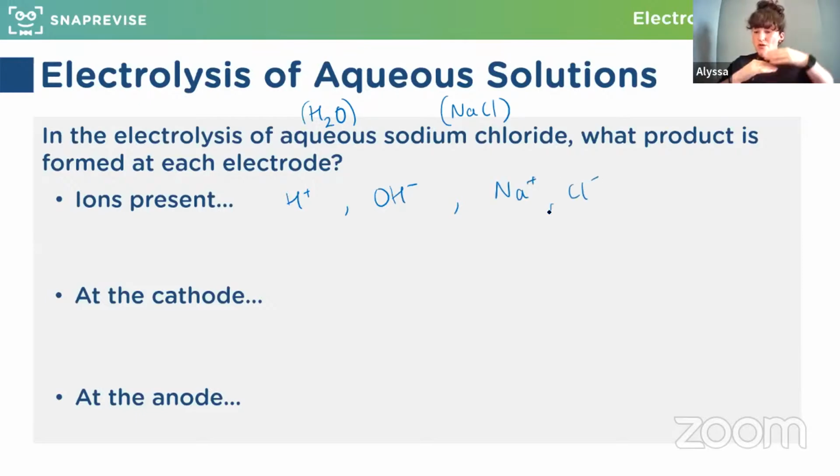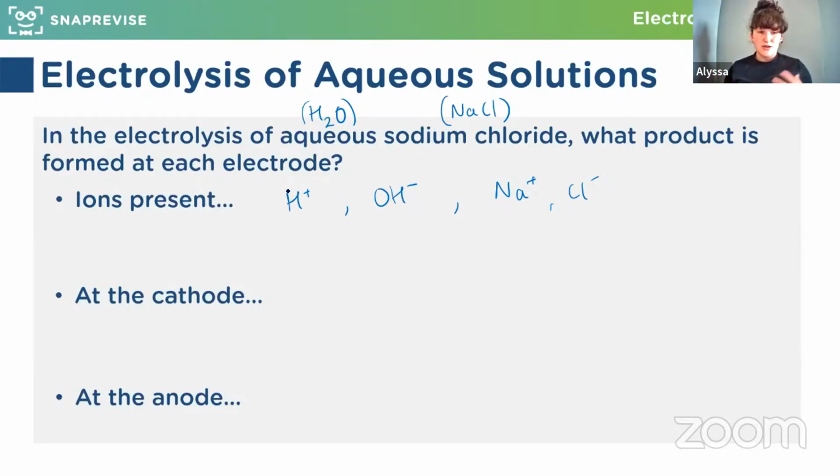Note, you don't have to know the full metal reactivity series at GCSE, you only need to know a condensed one. So if you are somebody that doesn't like learning things, like me, don't feel like you have to learn the whole thing, only learn the shortened version. Good, so we've got H pluses and OH minuses from water, and we've got Na pluses and Cl minuses from sodium chloride.